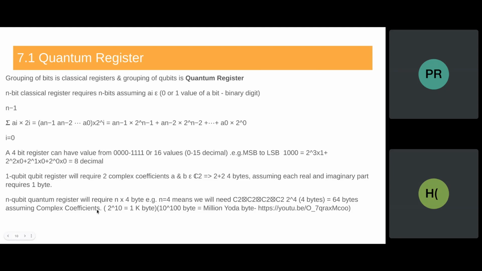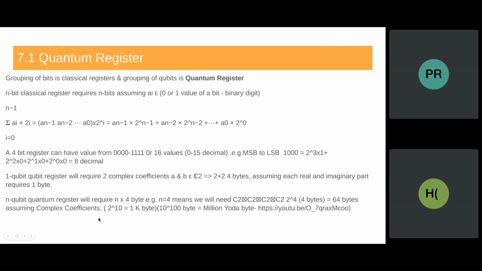If you have n qubits, you will require n times 4 bytes, which means if you have 4 qubits, this requires 2 to the power 4, 16, times 4 bytes per qubit, so that will be 64 bytes.